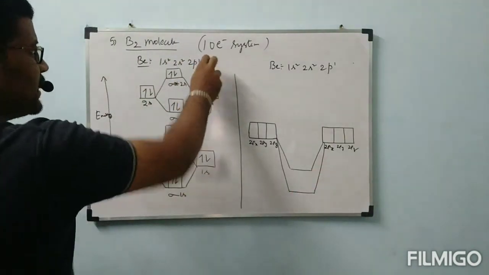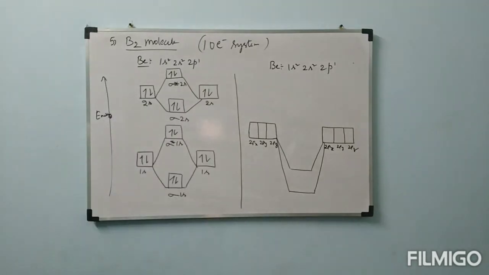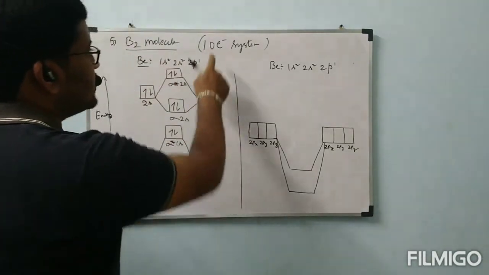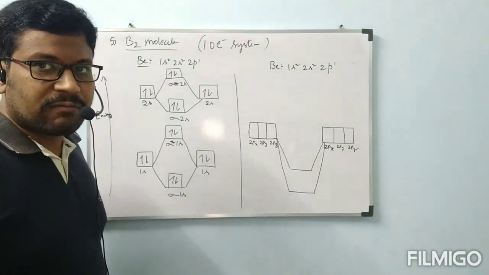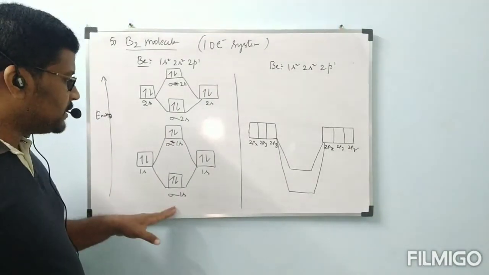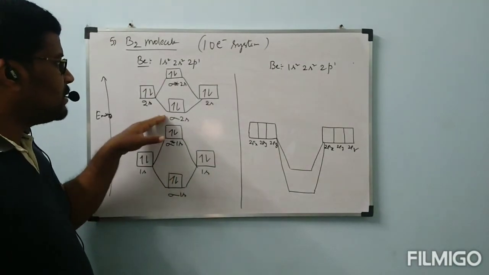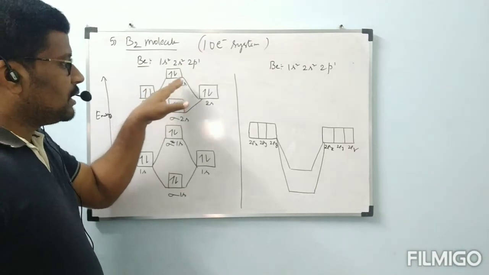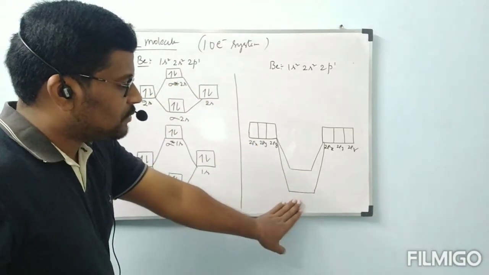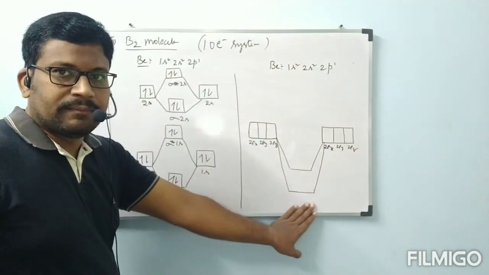this is less than a 14 electron system. This is less than a 14 electron system. Just once see the energy order that I give: sigma 1s, sigma star 1s, sigma 2s, sigma star 2s. After this one, here you will be getting pi 2px, pi 2py.